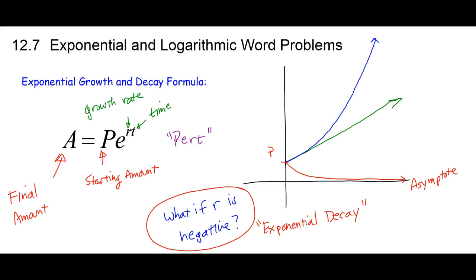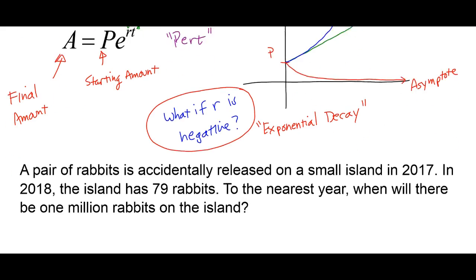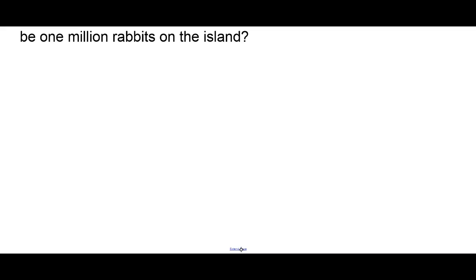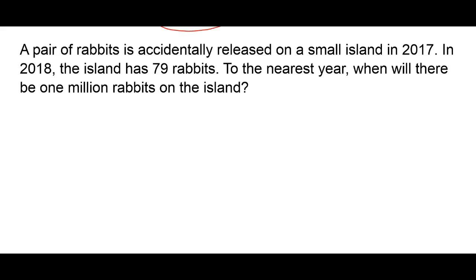The first example we're going to look at in this video is kind of an introductory level problem. Having to do with a population. In particular, a population of rabbits. They were released on some island in, say, just picking a year, 2017. In 2018, there are 79 rabbits.